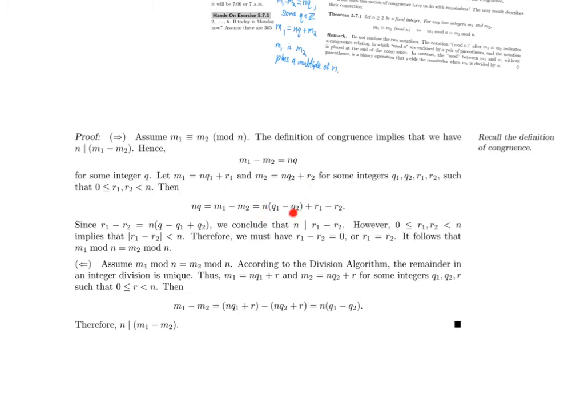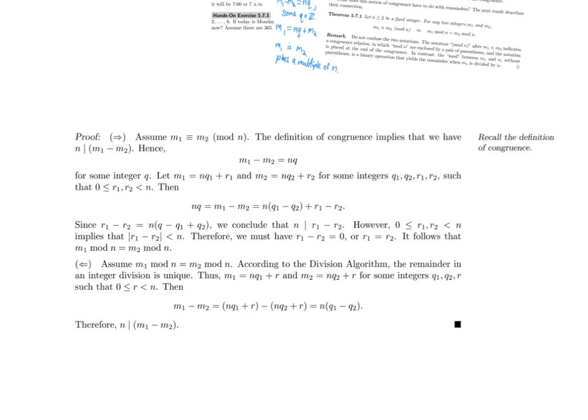So you'll notice we factored the n out of those two terms. All right, so then what do we have now? We have nQ is equal to n times the quantity Q1 minus Q2, plus R1 minus R2.